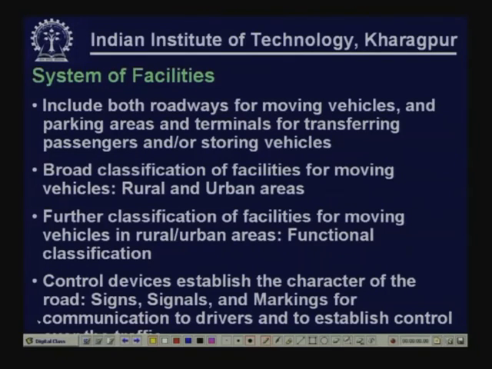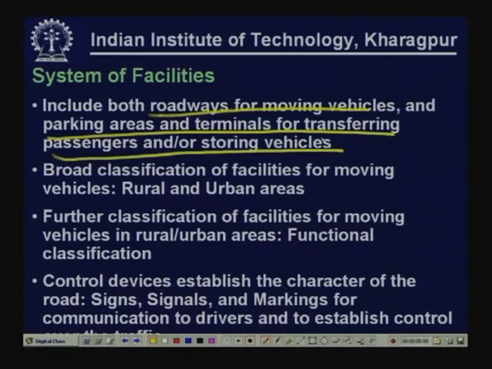These are all physical facilities, so they come under the system of facilities. The system of facilities includes both roadways for moving vehicles, and parking areas and terminals for transferring passengers and/or storing vehicles.